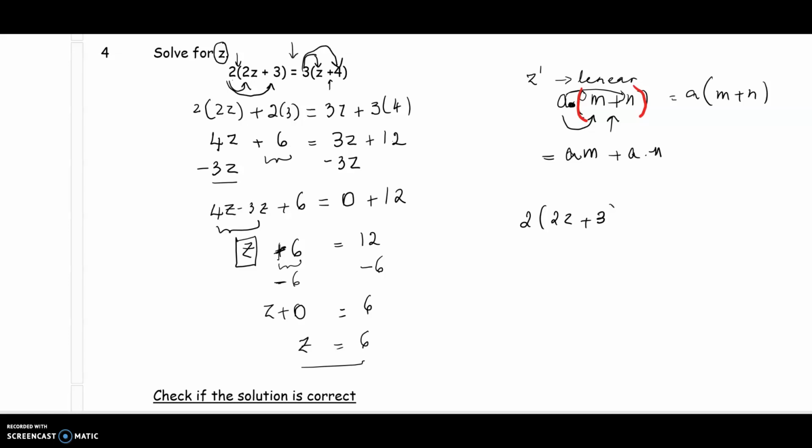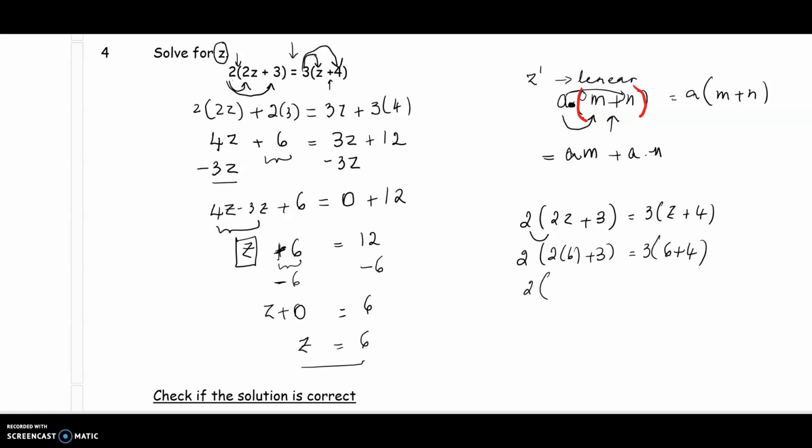So we have 2 times 2z plus 3 equals 3 times z plus 4. So let's plug in the numbers. The number z equals 6, so 2 times 6 plus 3 equals 3 times 6 plus 4.